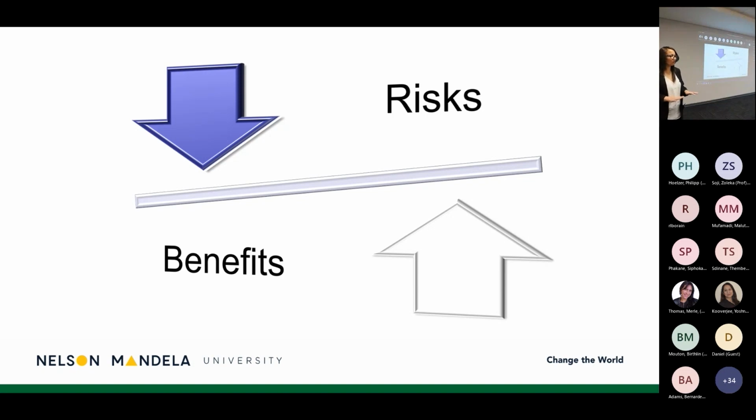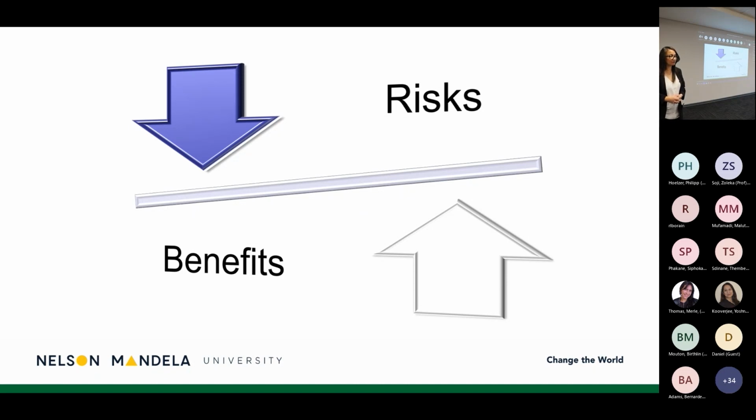You need to lay all of your cards on the table about the potential risks to your participants, to your community, because this shows us that you care about your participants. You're not just taking advantage of them to pursue your qualification, and that improves your credibility with us.